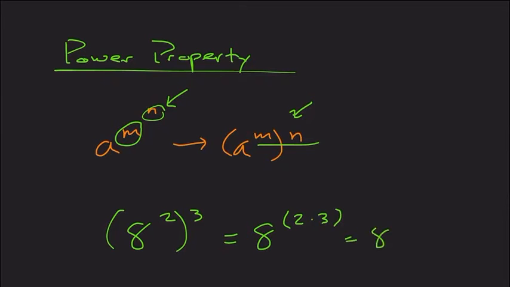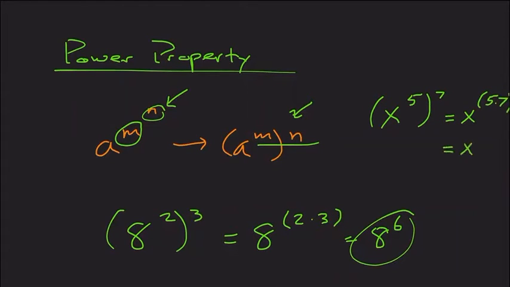So this is going to become 8 to the 6th power. 2 times 3 gives us 6. Let's look at another one. Let's say we have x to the 5th power raised to the 7th power. That's going to become x to the 5 times 7, which would be x to the 35th power. So that's the power property.